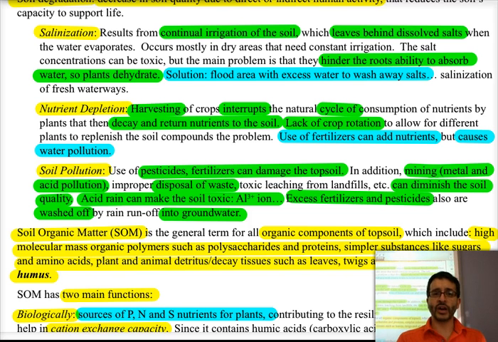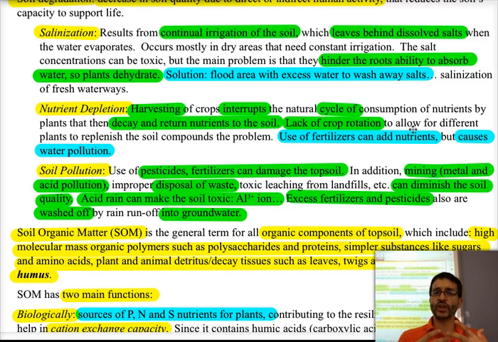Finally, the last type of soil degradation that we have is soil pollution, and that's because of the use of fertilizers and pesticides, insecticides, fungicides that can damage the quality of the chemicals in the topsoil. In addition, if you are near mining areas or areas where there is improper disposal of waste materials, toxic leaching coming out of the landfills, etc., those things can damage the topsoil and introduce toxic materials.